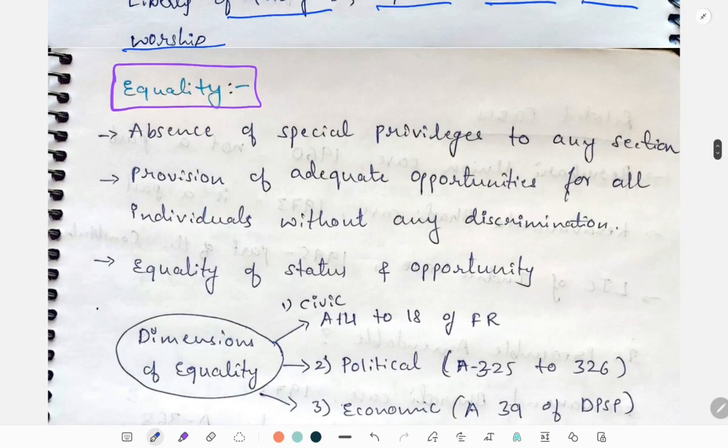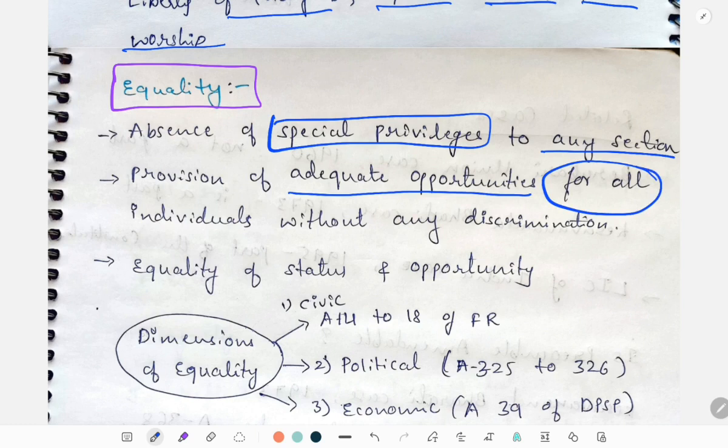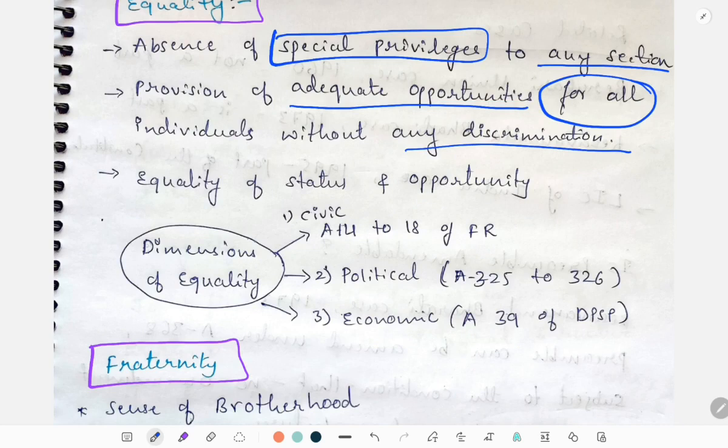Next we'll see equality. Equality is the absence of special privileges to any particular section, and the provision of adequate opportunities for all individuals without any discrimination. It means equality of status and opportunity.